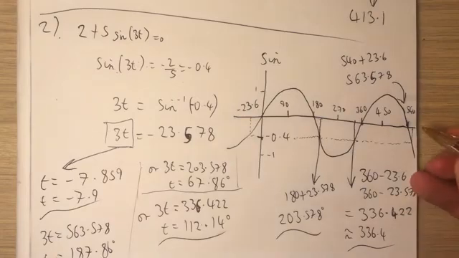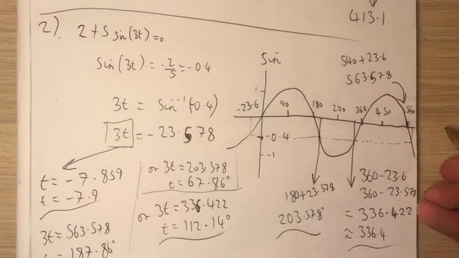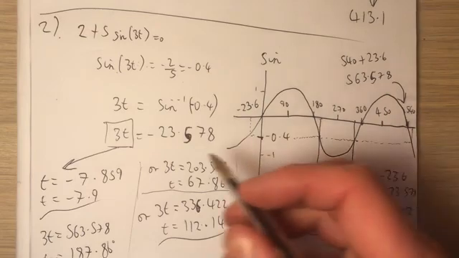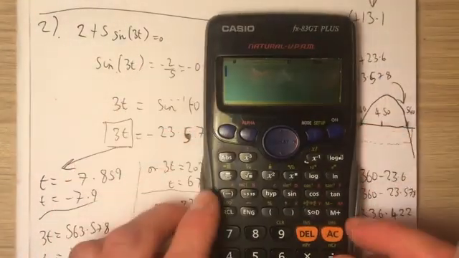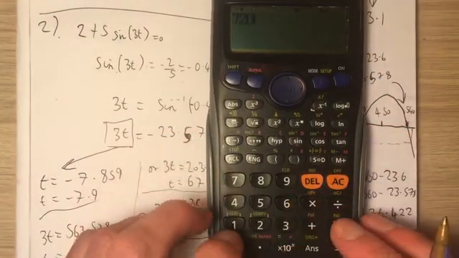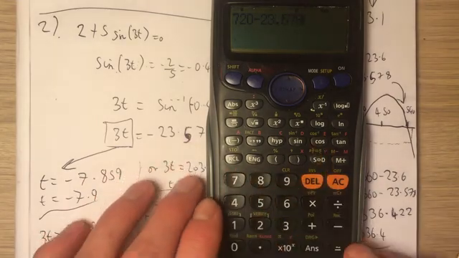Okay, the next one, let's just do it in our heads, right? It's going to come back up. When it comes back up, it's going to be 720. That's 360 and another 360, right? Now, we want to be 23.6 degrees before that. So on my calculator, I'm going to type in 720 minus 23.578.